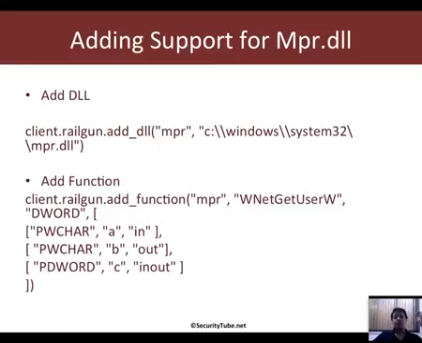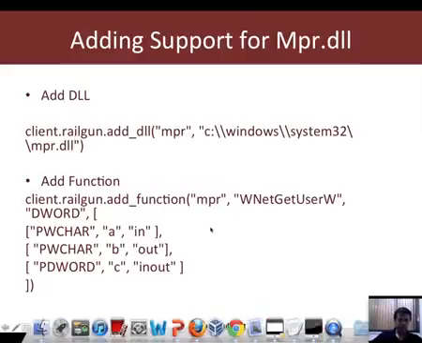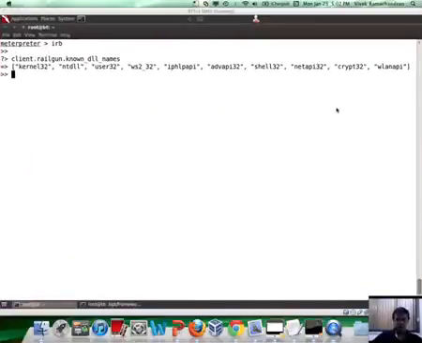So the first thing we need to do is first add the DLL at runtime. So this is part A, where we look at how to add a runtime DLL. We can do this by calling client.railgun.add_dll, right? So let's go ahead and do this.